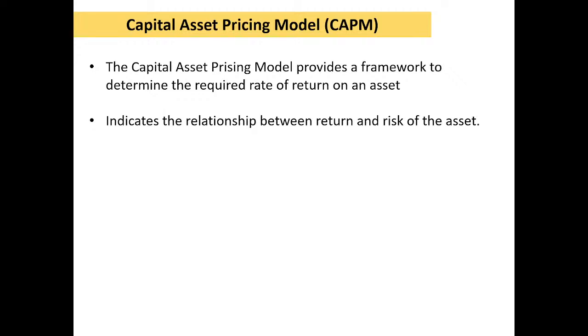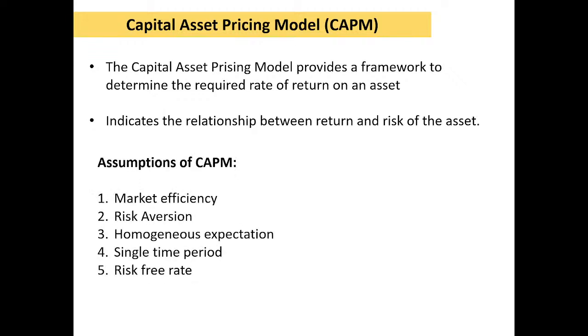That is why it is written on the slide as the capital asset pricing model provides a framework to determine the required rate of return on an asset and it indicates the relationship between return and risk of the asset.